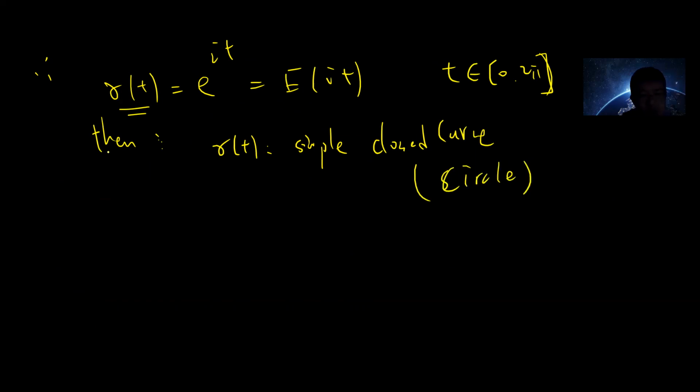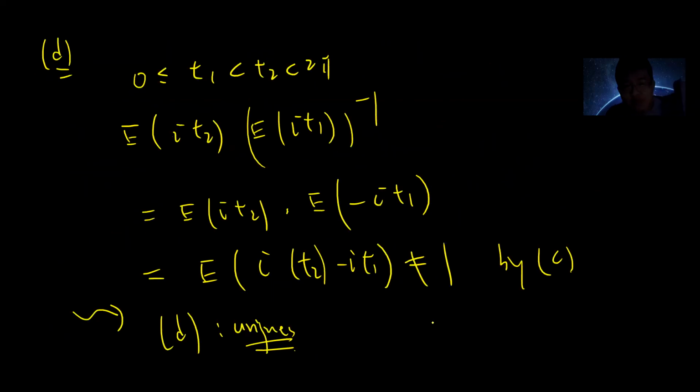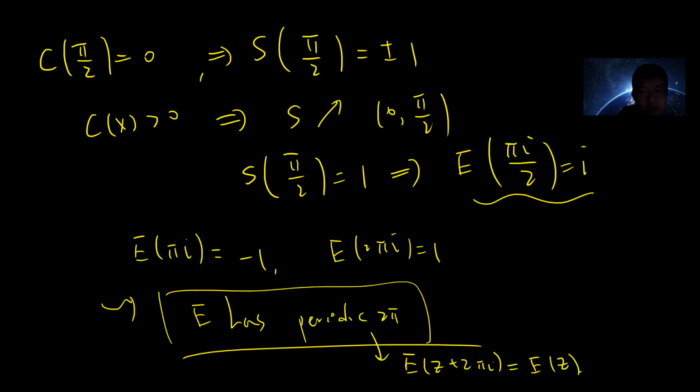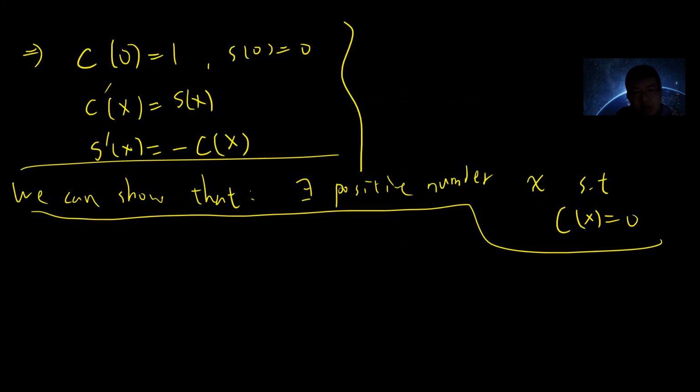And by the previous results, you know that the modulus of e of it is 1, so the integral of gamma prime over 0 to 2 pi will be 2 pi. Okay, that's it. All the properties of the trigonometric function and exponential function come from the power series.